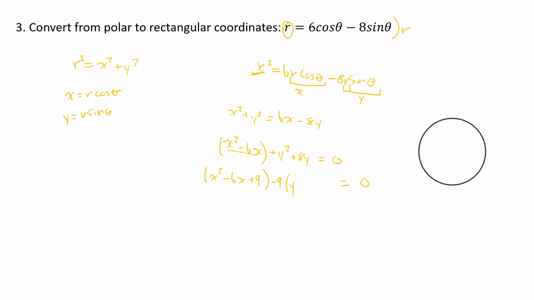You would get y squared plus 8y plus 16 minus 16 equals 0. You can move both of these over to the other side. And then you have x minus 3 squared plus y plus 4 squared equals 25, right? So what does this number tell you? Yes, so r is equal to 5.